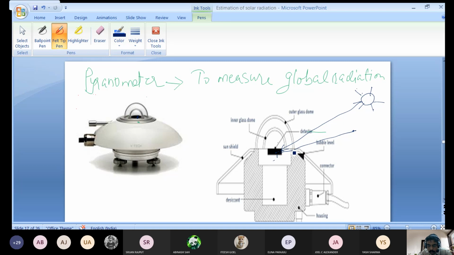What is written here is the thermopile electrode. One hot junction here, the other one is not exposed, so it will be cold. By the Peltier effect we will get an EMF, and the EMF will be very minute.